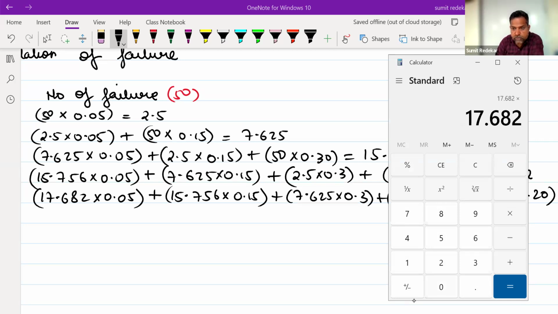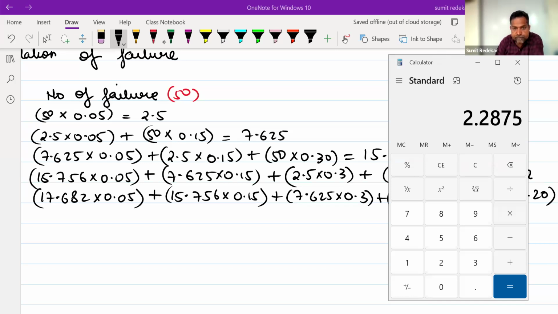17.682 into 0.05. Add that to memory. 15.756 into 0.15. Add that to memory. 7.625 into 0.3.